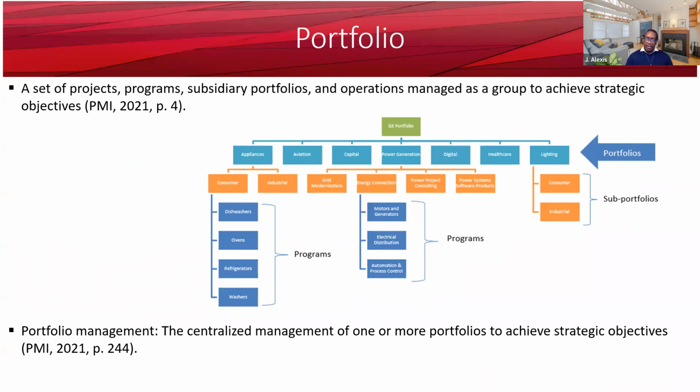You can have sub-portfolios, but also you can have a standalone project. That's one thing to keep in mind. A project doesn't have to be in a program in order for it to be in a portfolio. So portfolio management is the centralized management of one or more portfolios to achieve strategic objectives. The portfolio of an organization reflects its strategic objectives.